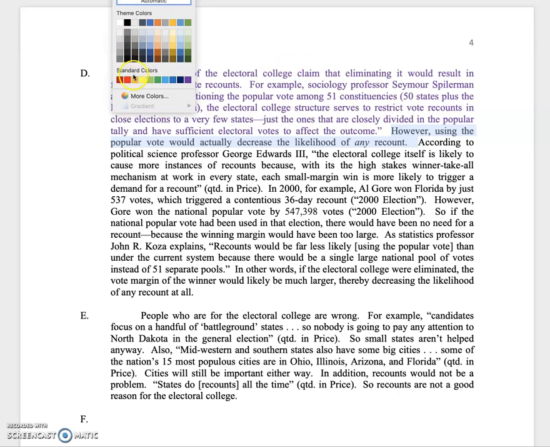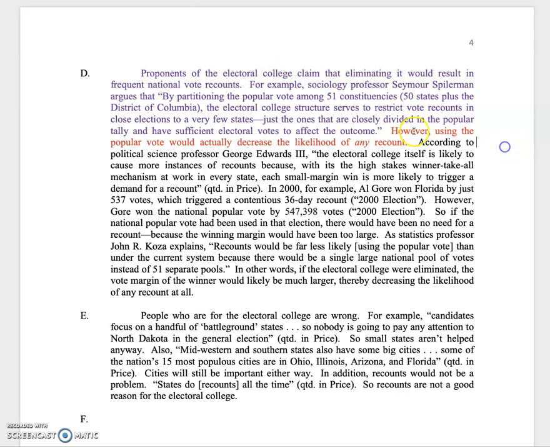And so the next thing we're going to have is our topic sentence, which has a nice "but" kind of transition. However, using the popular vote would actually decrease the likelihood of any recount. So you need to boil down into just one sentence right after you explain the other side's point that summarizes why that point is wrong. And that can be a number of different reasons.